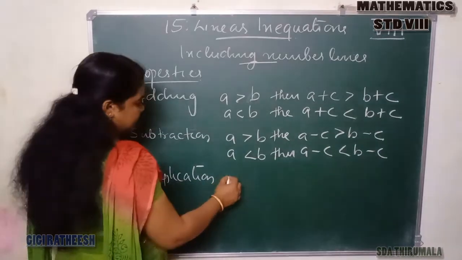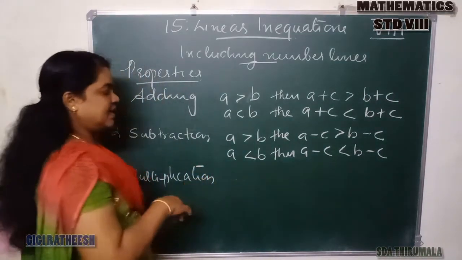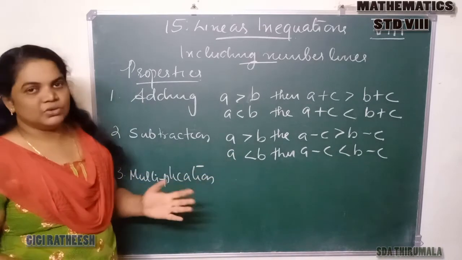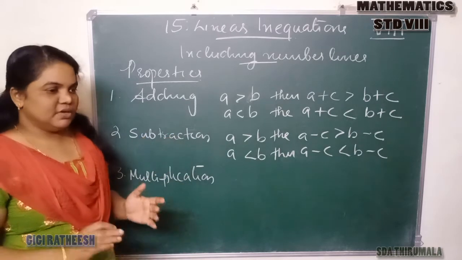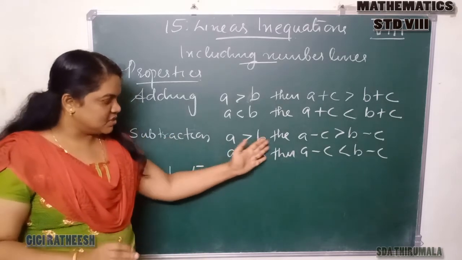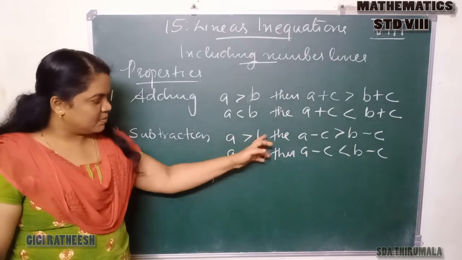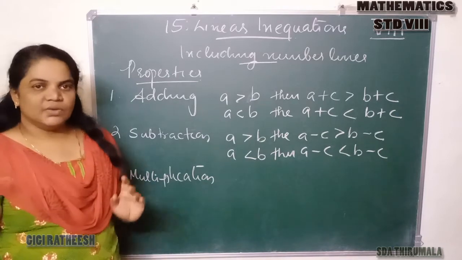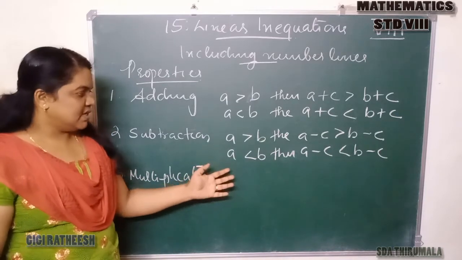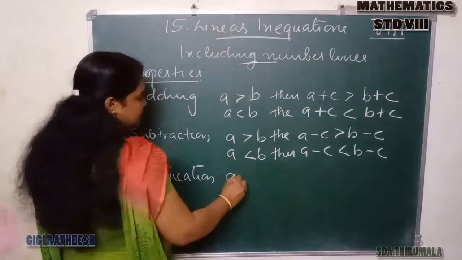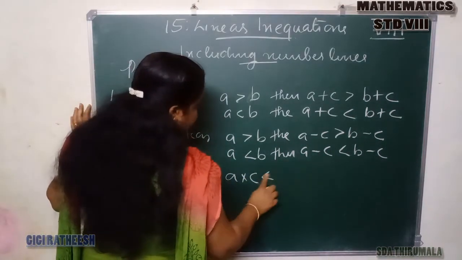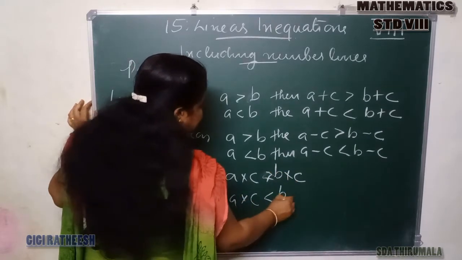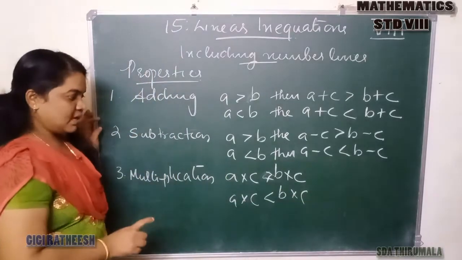If we multiply both sides by a positive number, a into c greater than b into c, and a into c less than b into c, the inequality does not change.